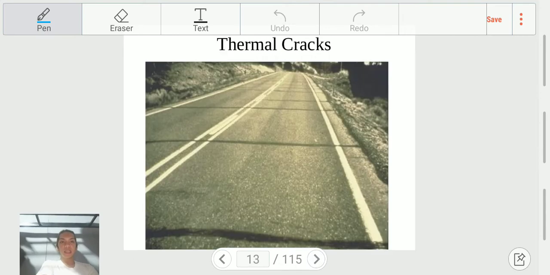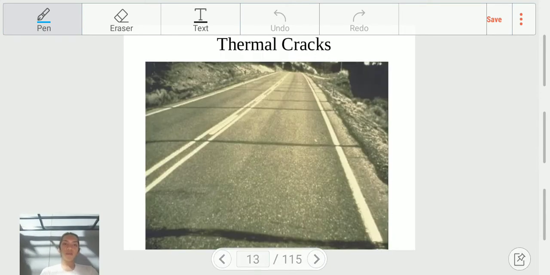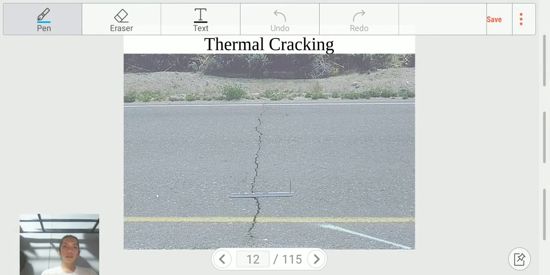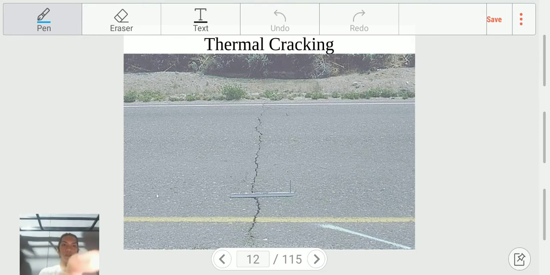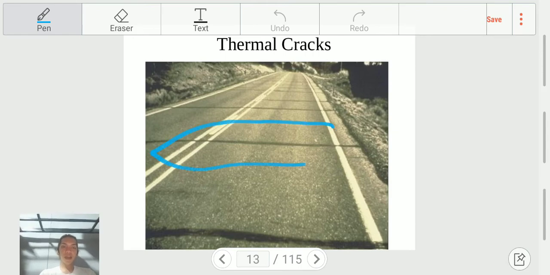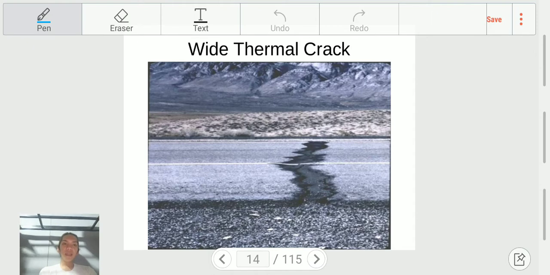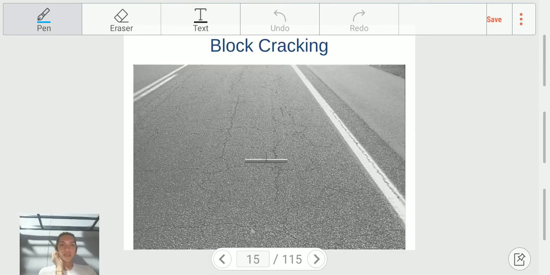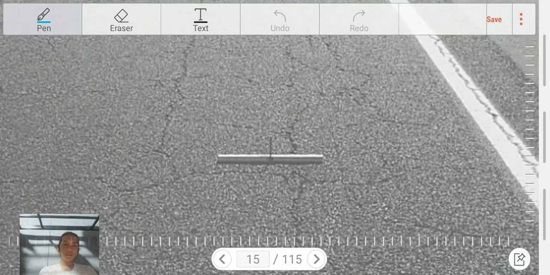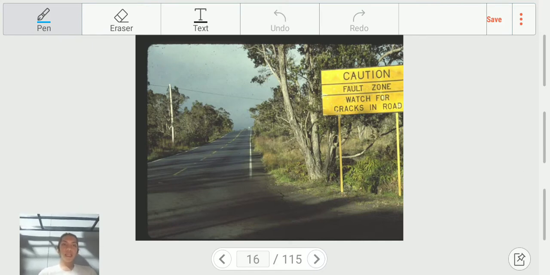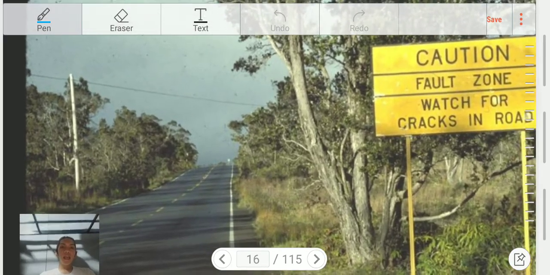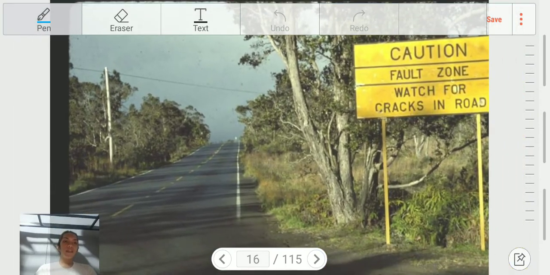Next is thermal cracking. Notice the difference with wide thermal cracking: thermal cracking runs from end to end, from here to here. This is also thermal cracking. Wide thermal cracking means the cracks have become wider. Then block cracking, here is our block cracking. If you notice, there is a road sign we already studied in our highway construction subject: a sign for a fault zone, watch for cracks in the road.